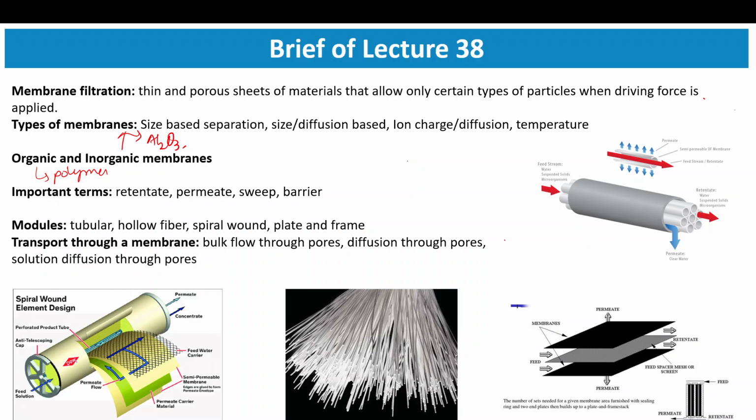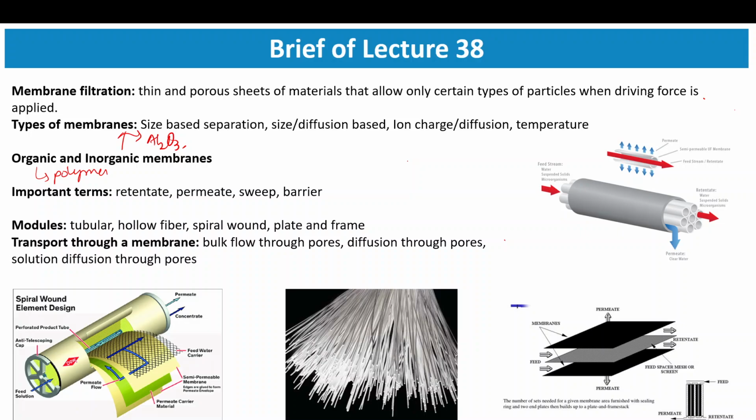For example, polymeric membranes, like polymers, they degrade very easily, so they have lesser temperature resistance. So at higher temperature, these polymeric membranes cannot be used. While inorganic membranes, so you see Al2O3 or similar membranes, ceramic membranes are also another name for inorganic membranes.